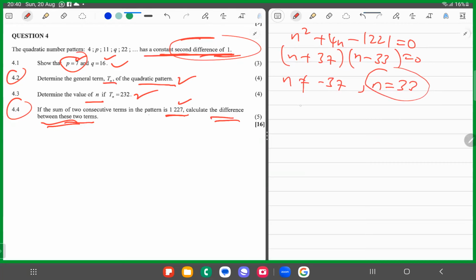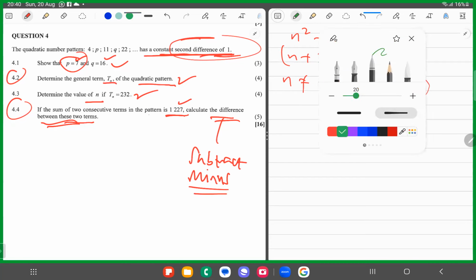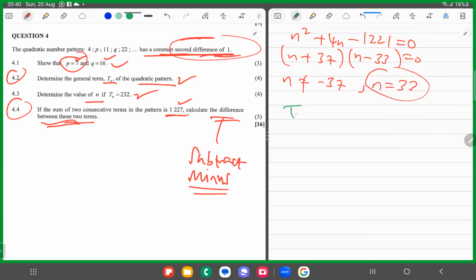So the difference is when you subtract, you minus. When you minus, it means it is t of 34 minus t of 33.